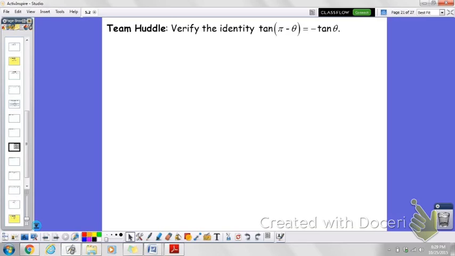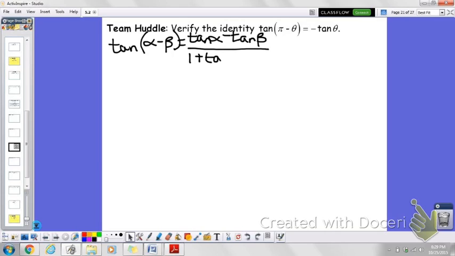For this problem, we have to verify that the tangent of pi minus theta is equal to the negative tangent of theta. So notice we have pi minus theta, so we will be using the difference formula. So we will be using the tangent of alpha minus beta is equal to the tangent of alpha minus the tangent of beta over 1 plus the tangent of alpha times the tangent of beta.